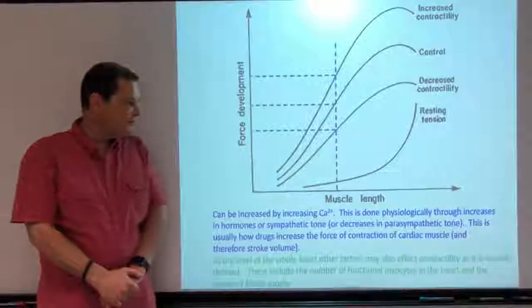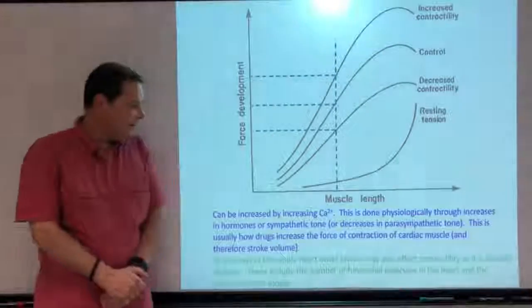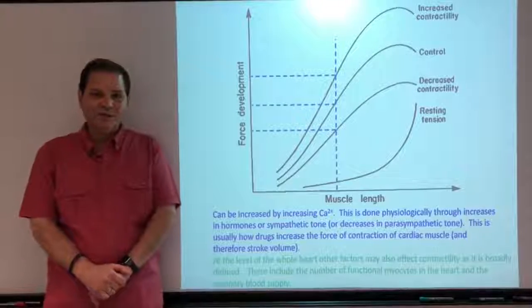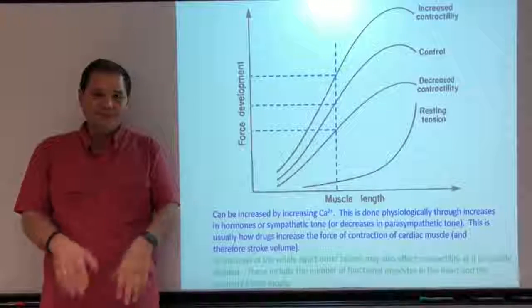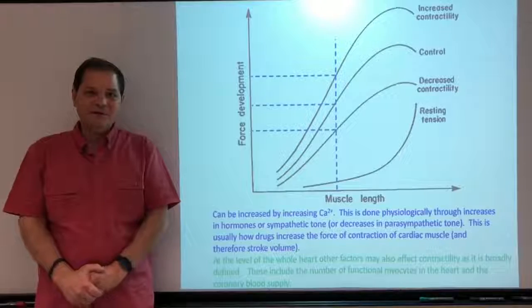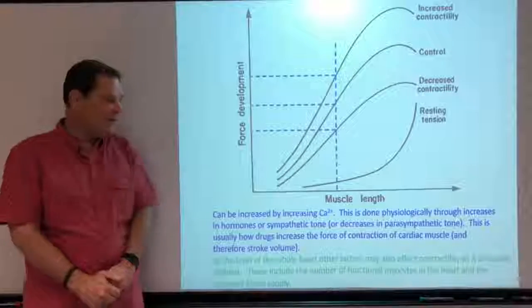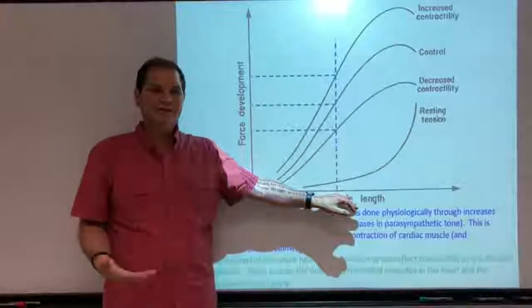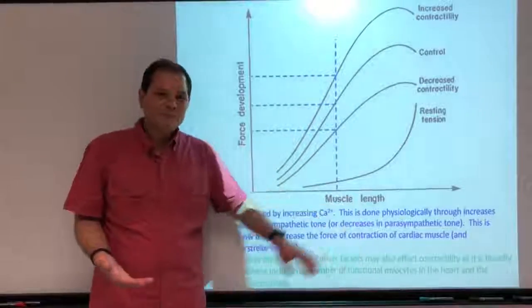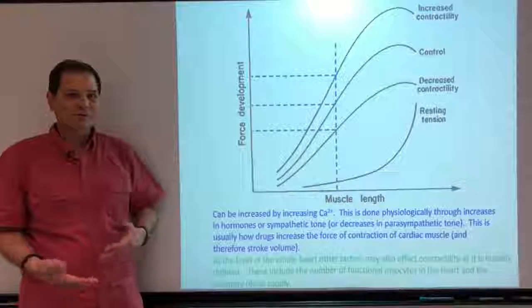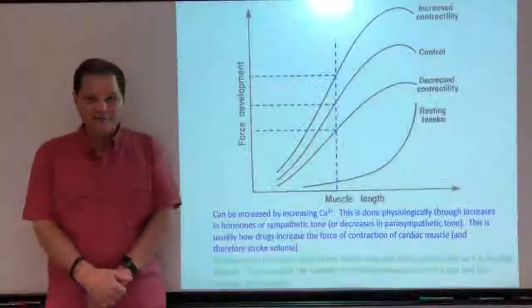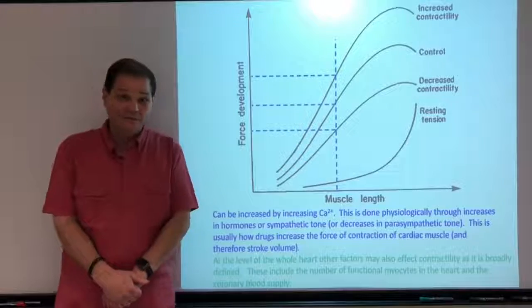So students frequently ask me, how do you differentiate inotropic state or contractility from other factors that affect the contraction of the heart? Well, if it isn't a change in muscle length, meaning it isn't an increase or a decrease in filling, and if it isn't a change in afterload, which we'll talk about in a later lesson, then it's a change in inotropic state, and that's how you tell the difference.